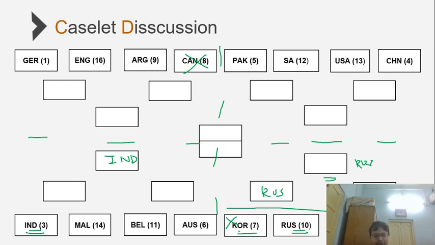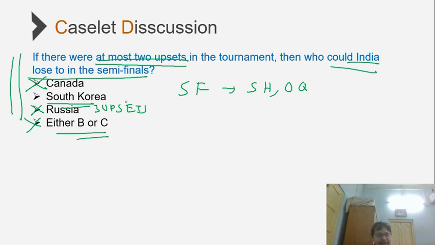Now for South Korea to qualify to the semi-finals, they would need 1 upset, because there's 1 better team than them in their quadrant. So if India loses to Korea, that will be counted as a 2nd upset, which is permissible, given that the question says at most 2 upsets are allowed in the tournament.